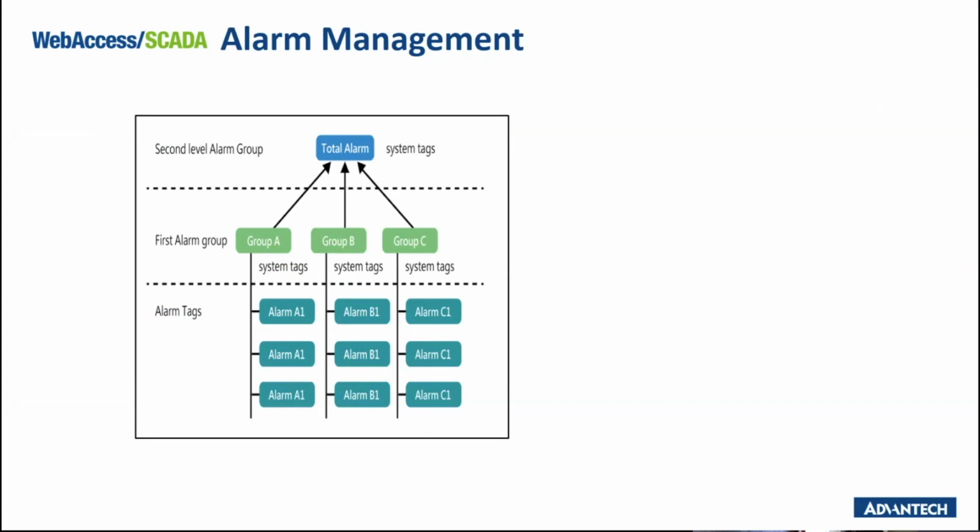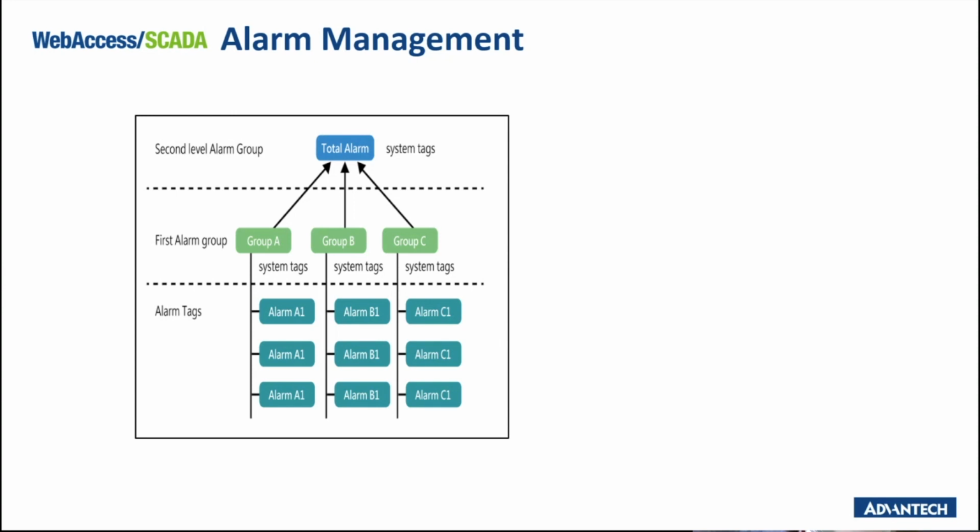We go into the alarm management. The alarm management is also built into our WebAccess. The alarm provides a notification system to inform operators of the process and equipment status. WebAccess provides a full-featured alarm handling package developed for use in traditional distributed control system, DCS system.